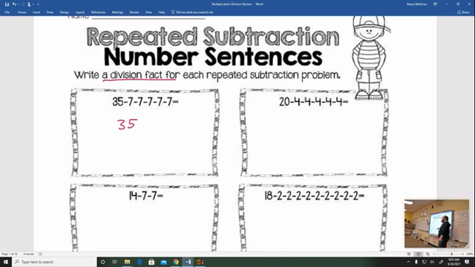We already have the subtraction. Nick was on to something. Not 35 divided by 35. 35 divided by Nick, what was the number you counted? How many sevens? 5. Which equals what? Allie? 7.